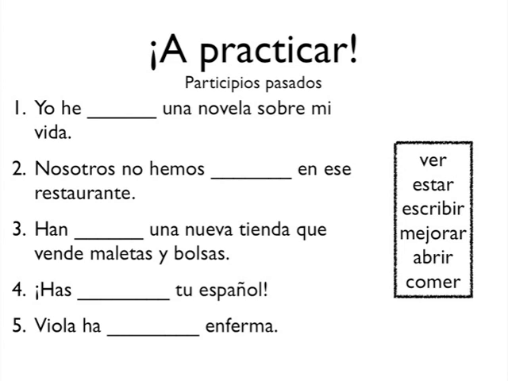Let's check our answers. Yo he escrito una novela sobre mi vida. Número 2. Nosotros no hemos comido en ese restaurante. 3. Han abierto una nueva tienda que vende maletas y bolsas. 4.